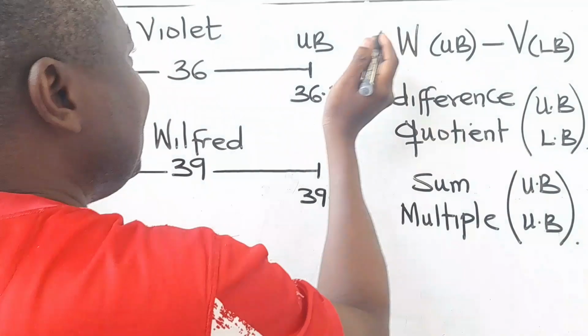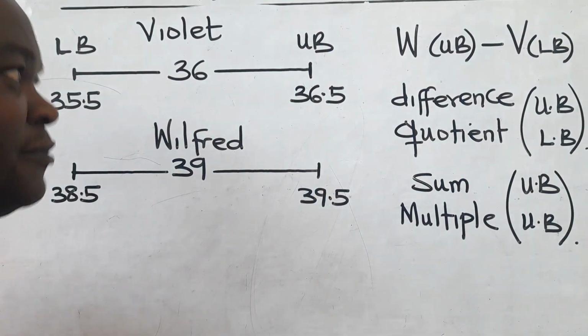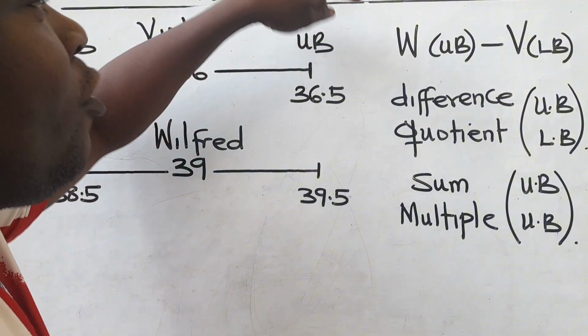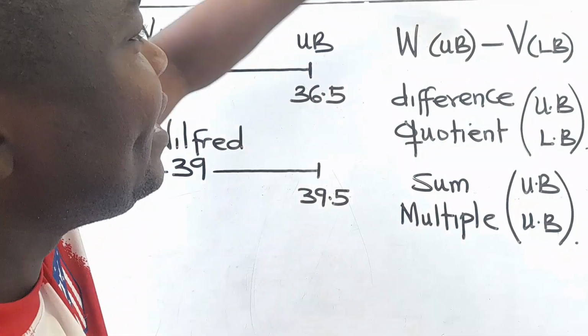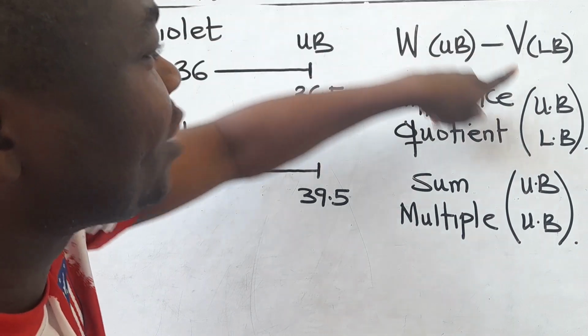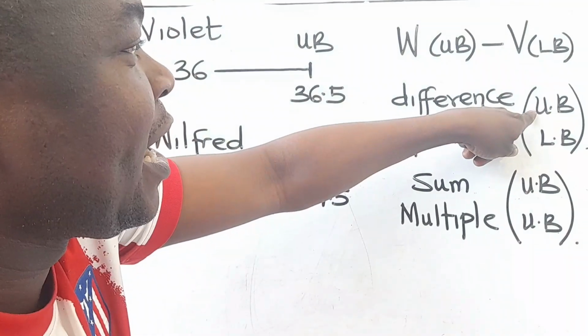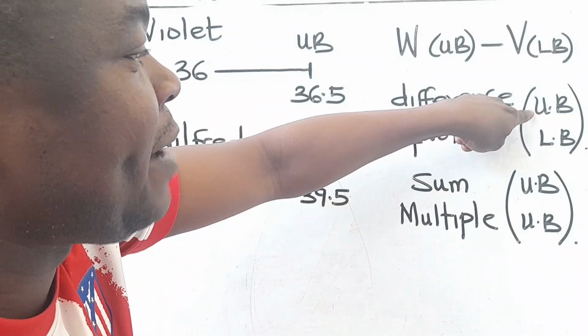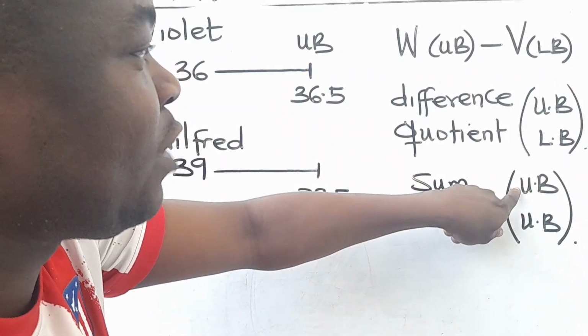Upper bound of this, as this question has said. Let me repeat myself. We're looking for the upper bound of the difference. When it's upper bound, you start with upper bound for difference and quotient. Also for sum and multiple, you start with upper bound.